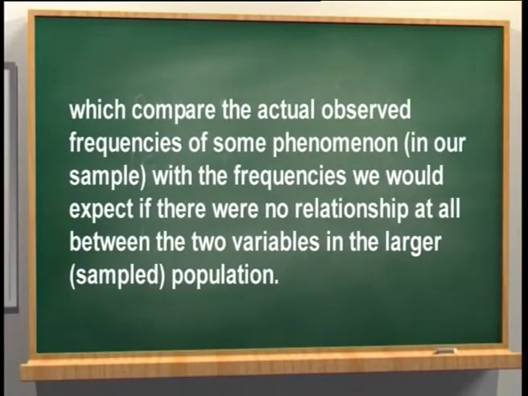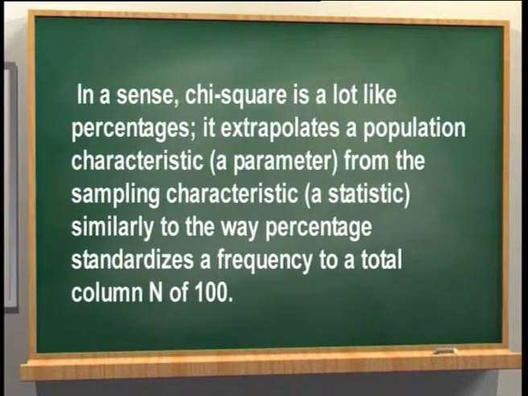Basically, the chi-square test of statistical significance is a series of mathematical formulas which compare the actual observed frequencies of some phenomenon with the frequencies we would expect if there were no relationship at all between the two variables in the larger population. In a sense, chi-square is a lot like percentages.